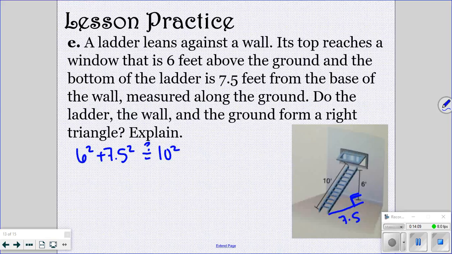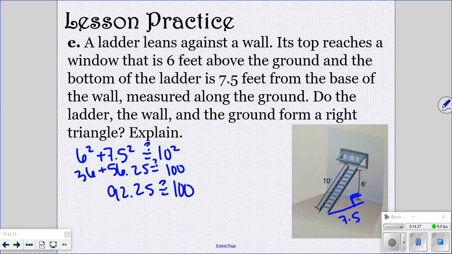So 6 squared is 36, and 7.5 squared is 56.25. Does that equal 100? So if you add those up, you get 92.25, which is not the same thing as 100. So it's not a right triangle.